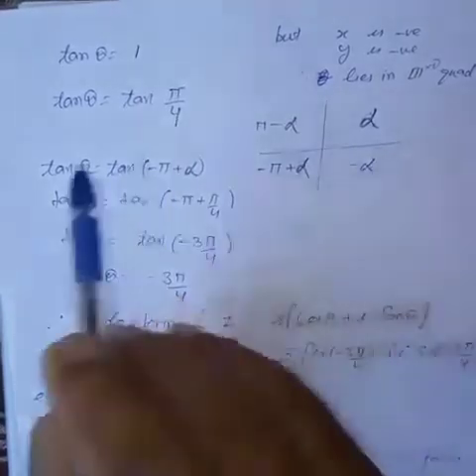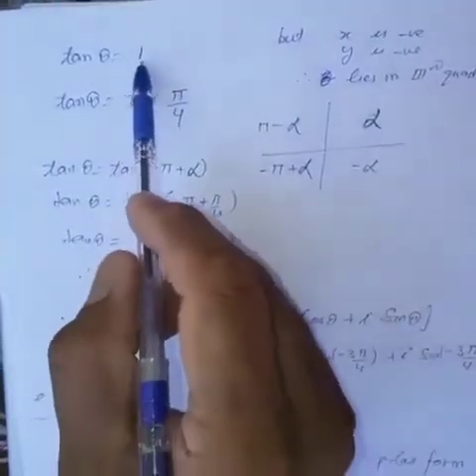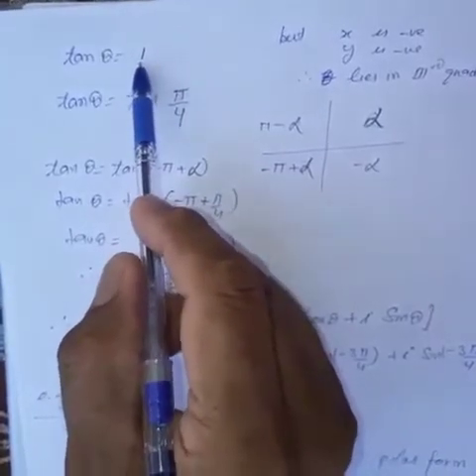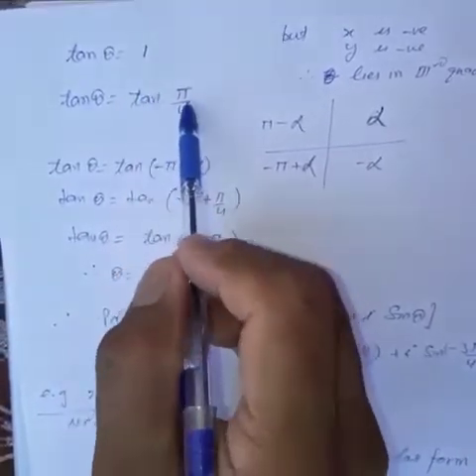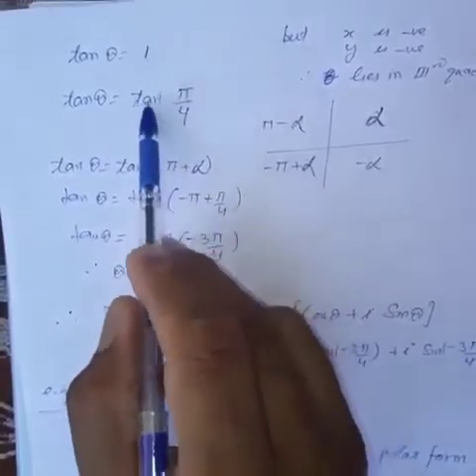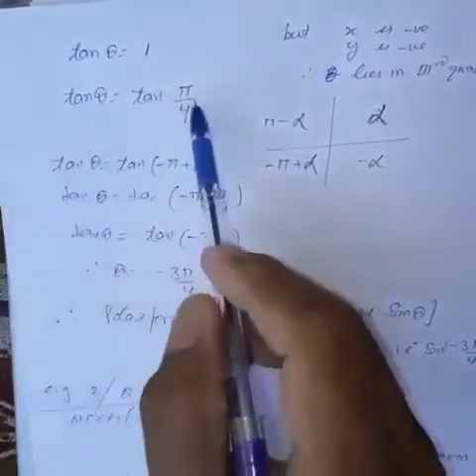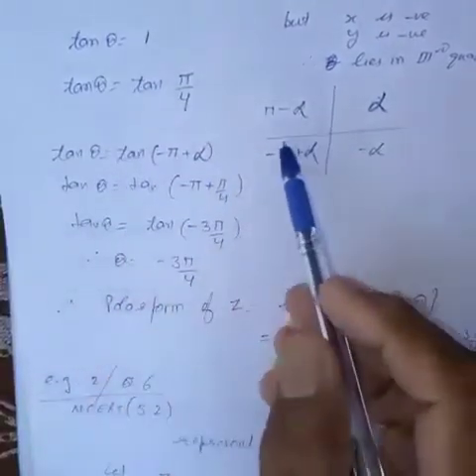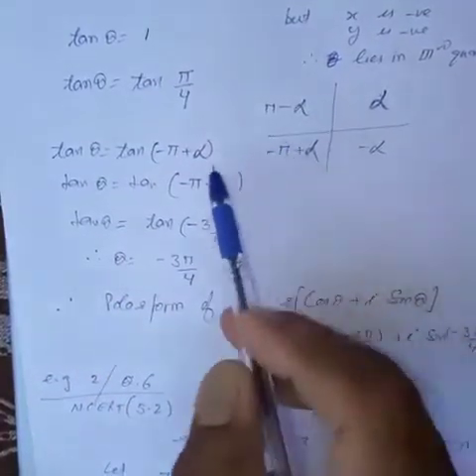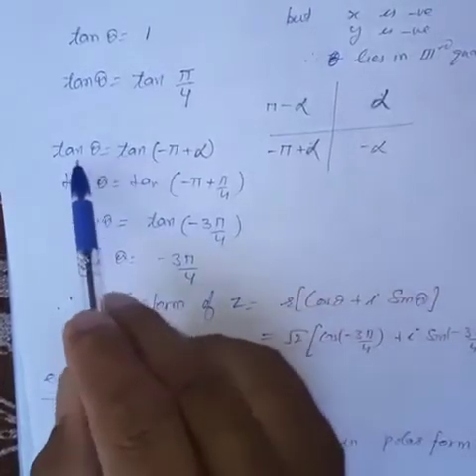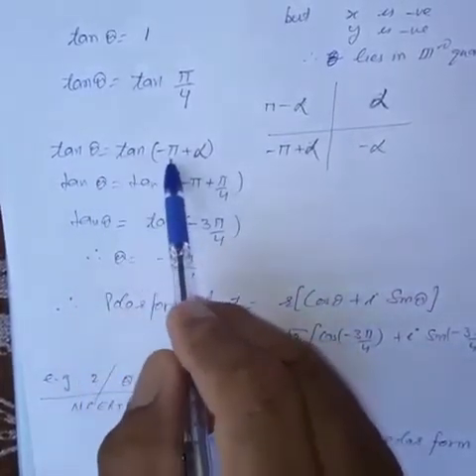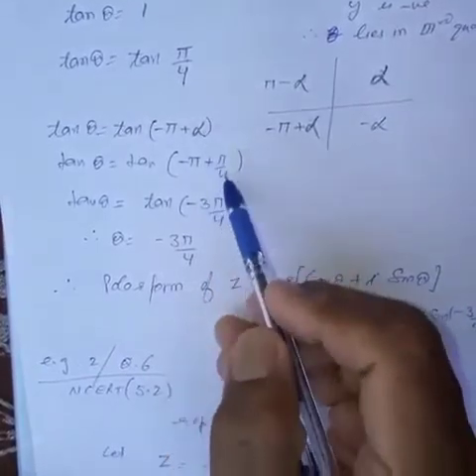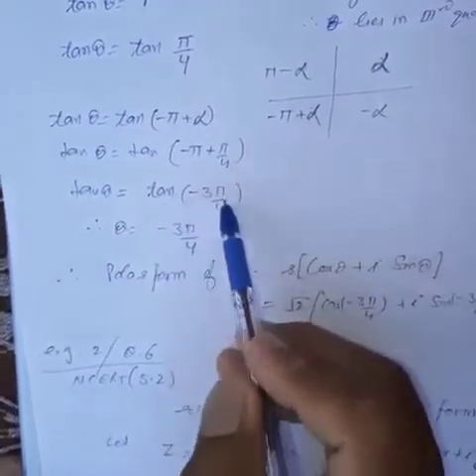Now what is alpha? You calculate alpha using this value. From the table of tangent, you know that 1 is the value of tangent pi by 4. So you replace 1 by tangent pi by 4, and this gives alpha as pi by 4. Then you calculate the value using minus pi plus alpha. Alpha is pi by 4, so theta is minus 3 pi by 4.